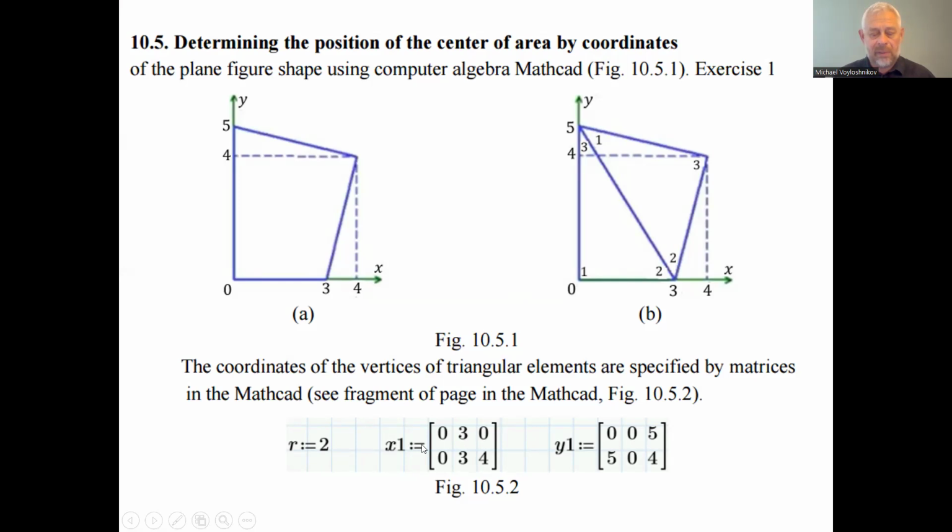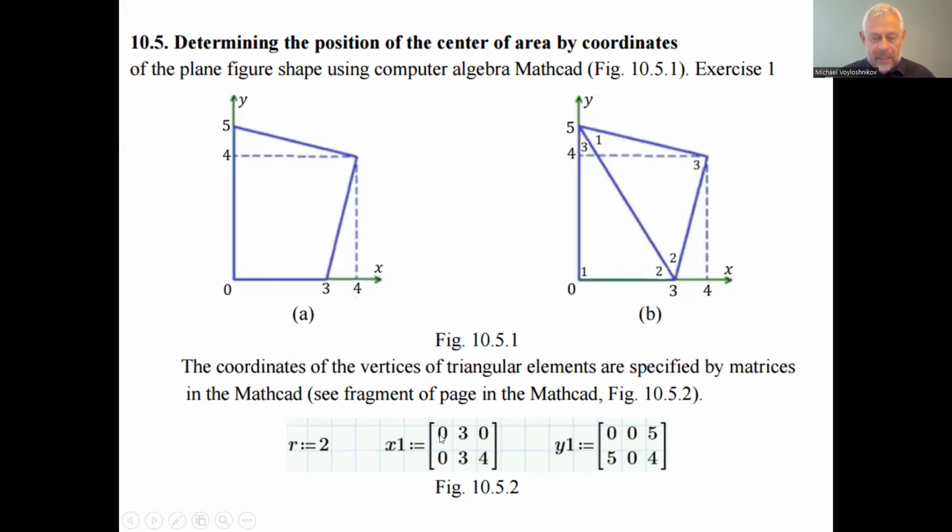Next, we define in the matrices panel the assignment of a matrix of 3 columns and 2 rows. We have 2 rows because we have 2 triangles. And we did this for the x coordinates of each of the vertices and the y coordinates of each of the triangles.